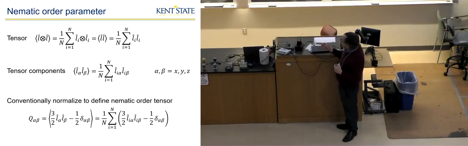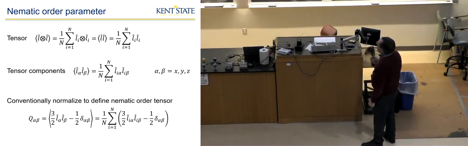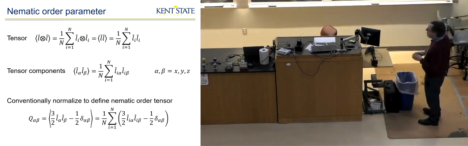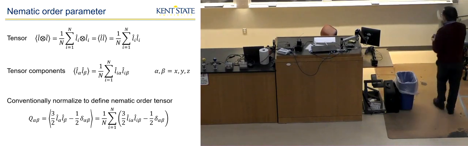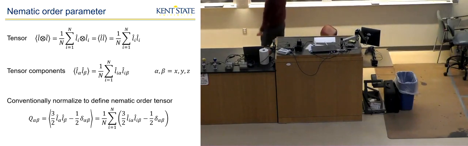The tensor product takes two vectors and gives you a tensor. So it is a tensor that consists of all the possible ways of multiplying the vectors. Here it's written in an abstract notation, but I can write it in a more specific way.